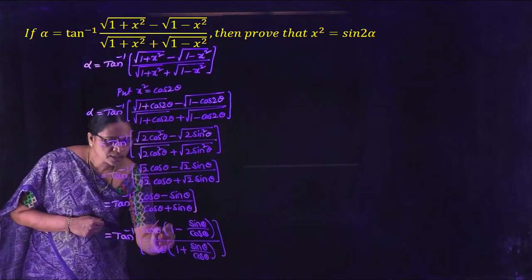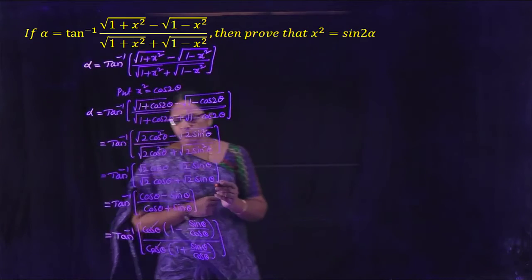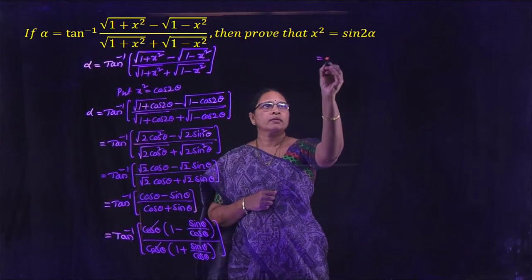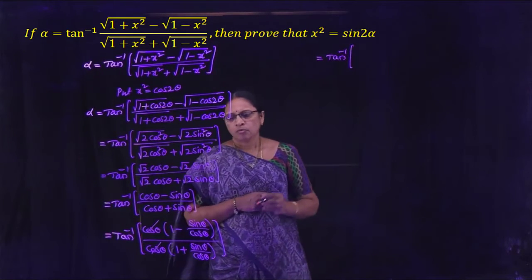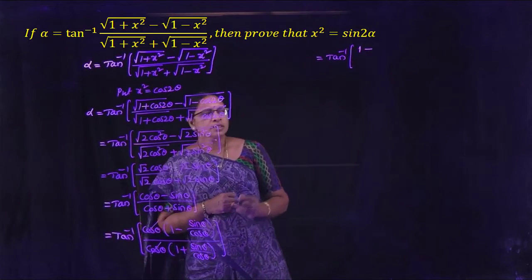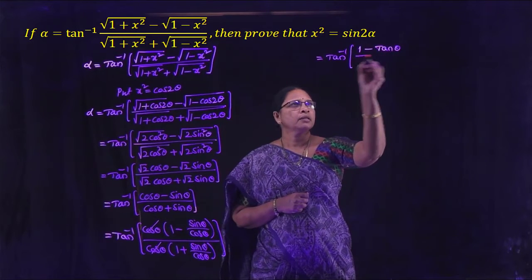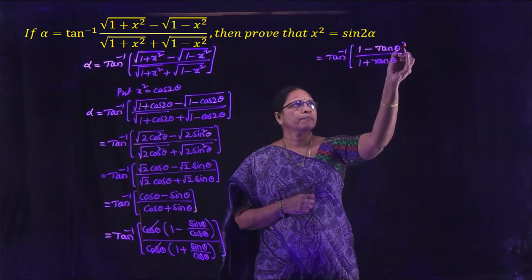Here cos theta gets cancelled. That equal to tan inverse of 1 minus, here sin theta by cos theta, that is tan theta, by 1 plus tan theta.